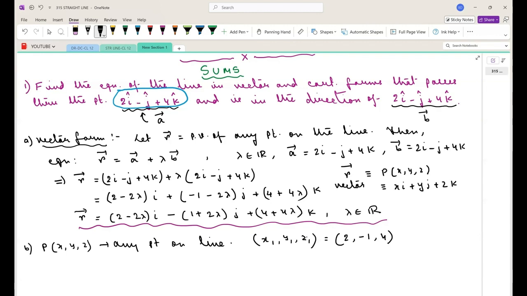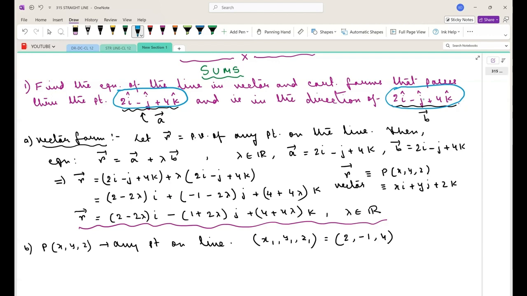Now, what will be the DRs? In the denominator you have a, b, c, the DRs of the line. So you need the DRs of the line. Basically, our line is parallel to this line. If two vectors are parallel, then their DRs are proportional, so we can take them the same.